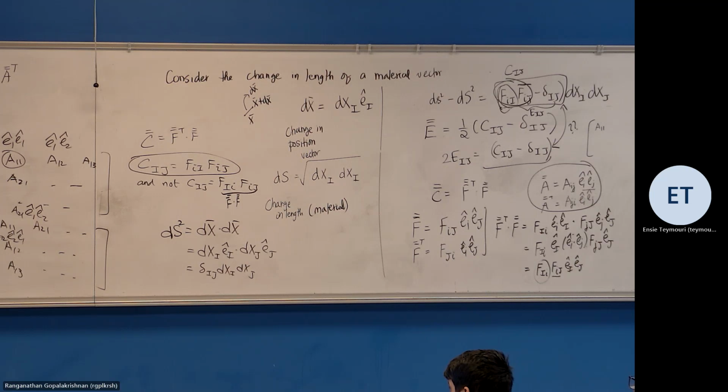We'll call this F_kl e_k e_l material. Where is this flip in index coming about is the question I'm asking all of you, including myself.